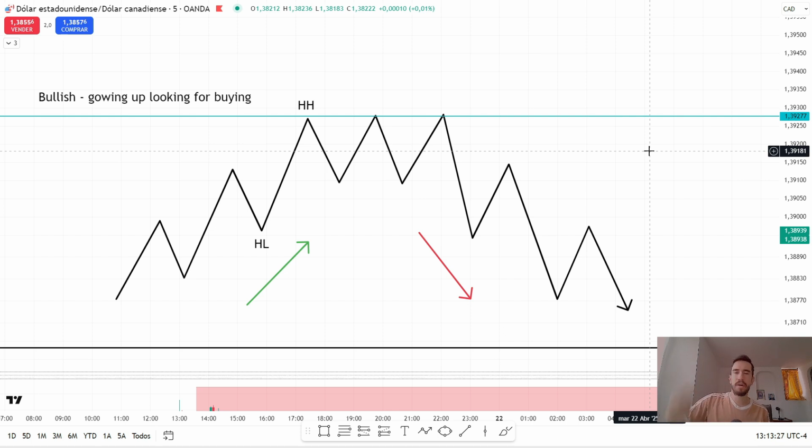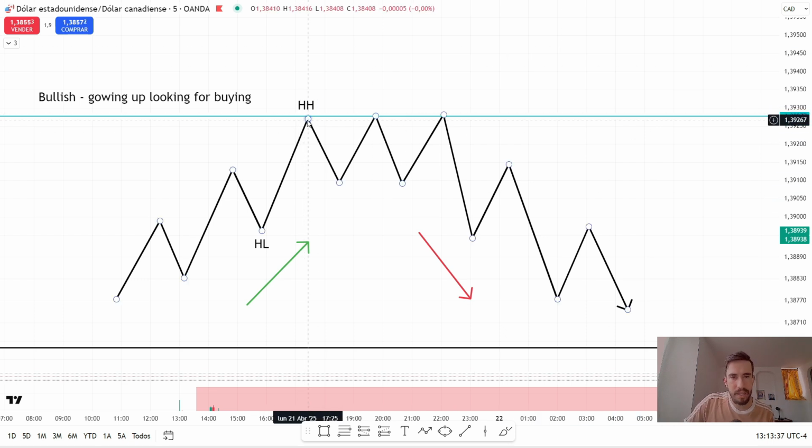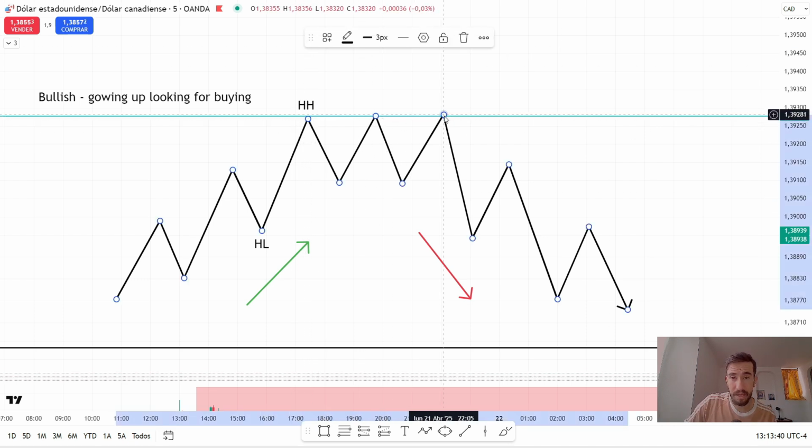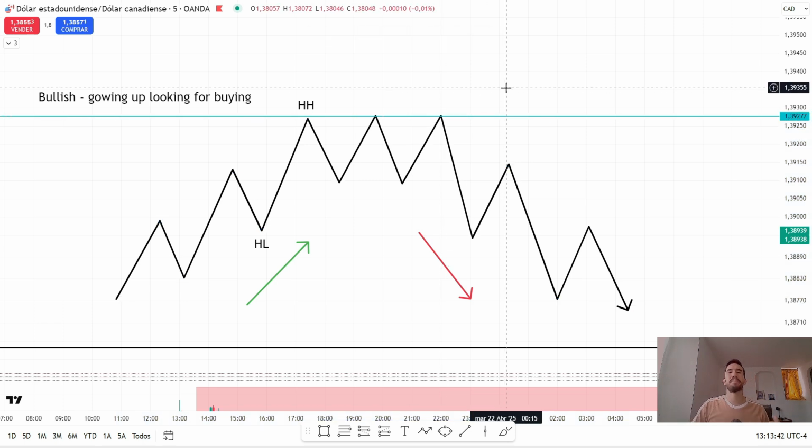Now, the fact that you have losing trades doesn't mean that you are not profitable. You still are a profitable trader. The point is to make more money than what you lose. That's simple. So in the market, again, it's not a guarantee, but it's what happens most of the time, and you want to do what happens most of the time.